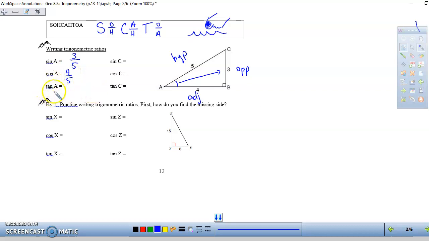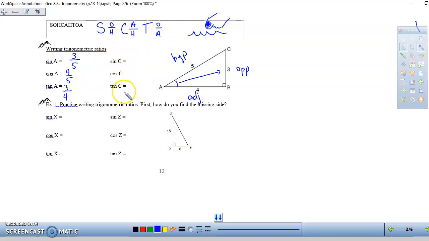Lastly, tangent is opposite over adjacent. So from angle A, opposite 3, adjacent 4, so that's going to be 3 over 4. Great. So again, it's nothing to understand. You just have to know these ratios and plug in the numbers in the correct spot.